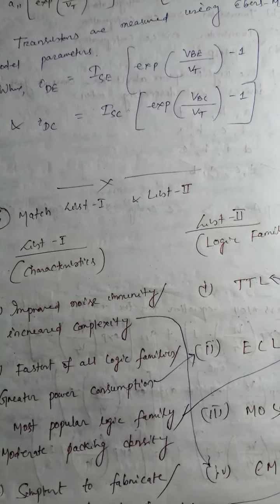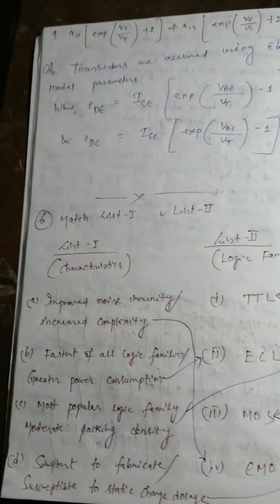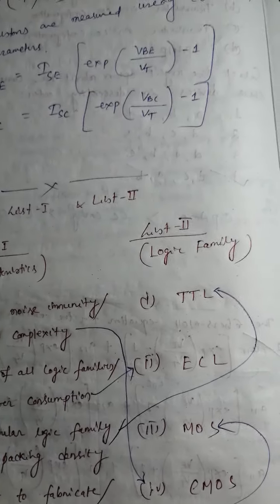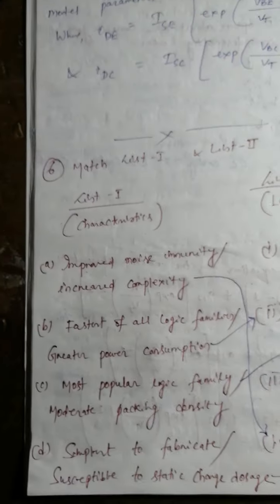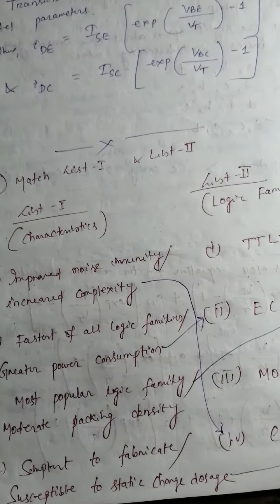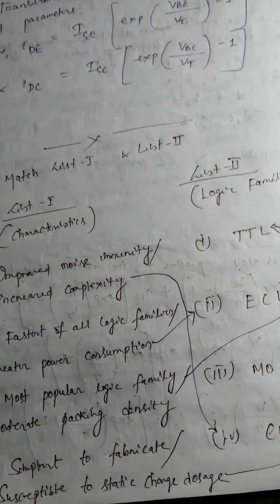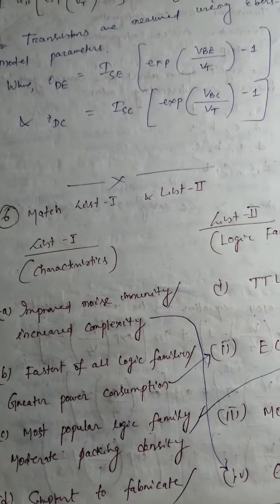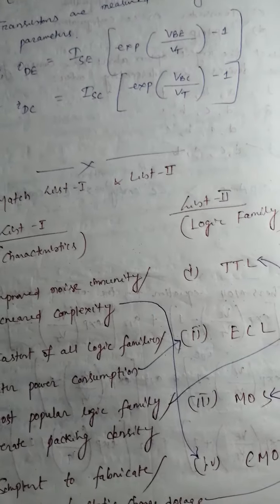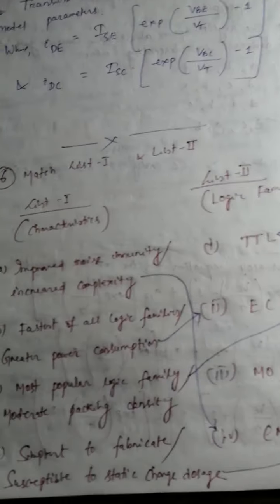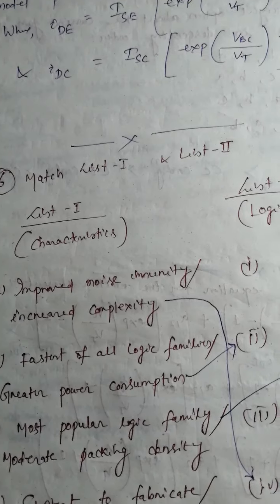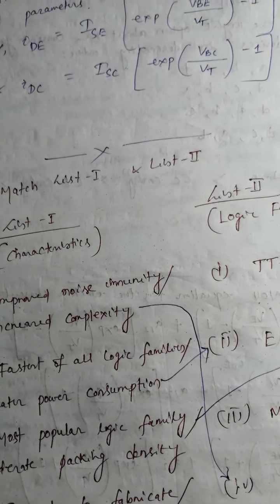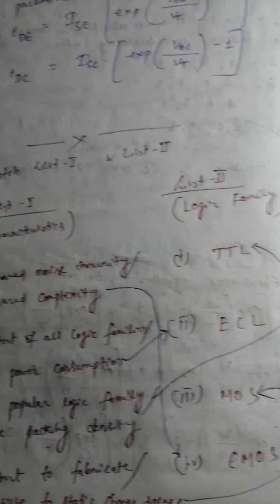Match list 1 and list 2. List 1 is about the characteristics and list 2 is about the logic family. I am just telling you the matches here. From list 1, A matches with 4, that is improved noise immunity or increased complexity is for CMOS.